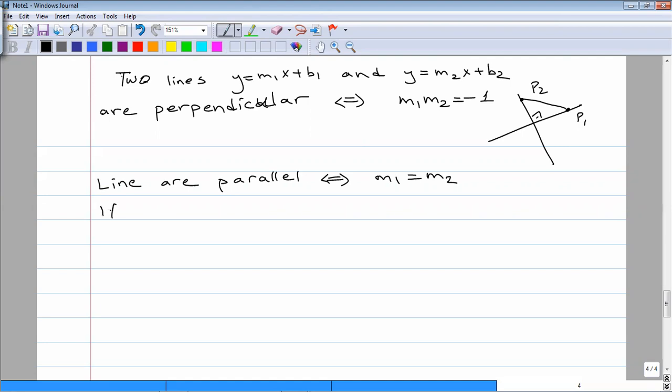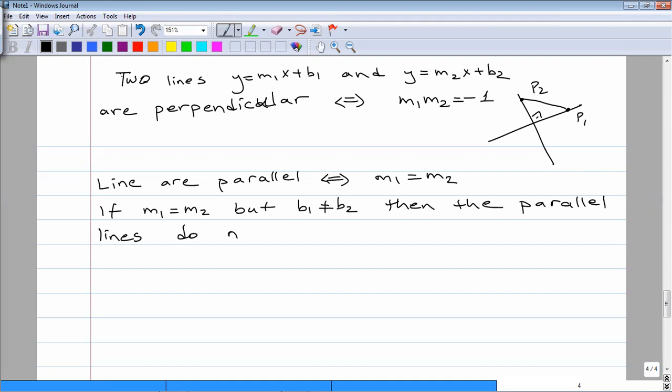Now, if slopes are the same, but the intercepts are different, then the parallel lines do not intersect.